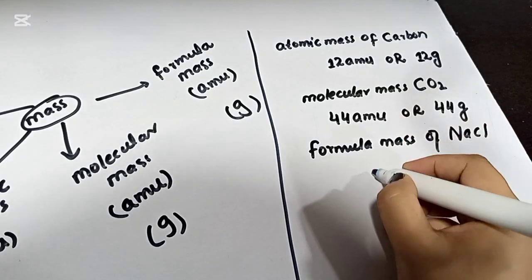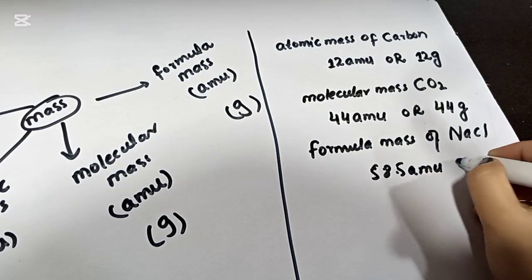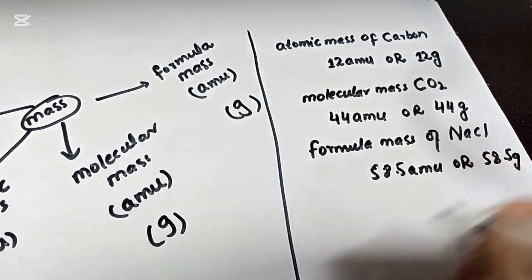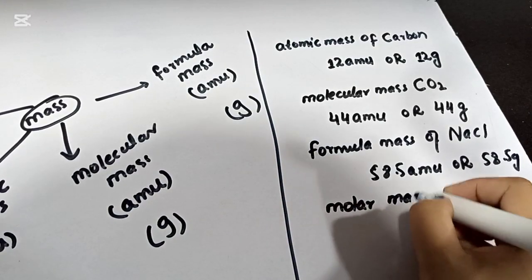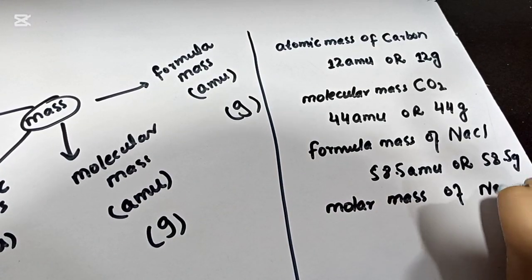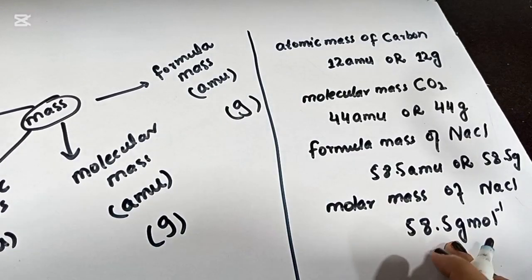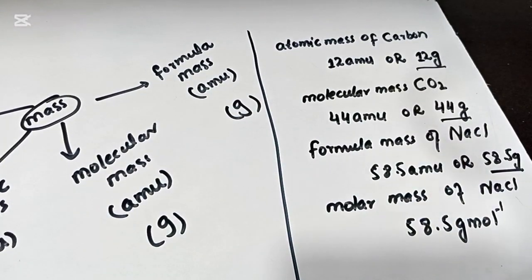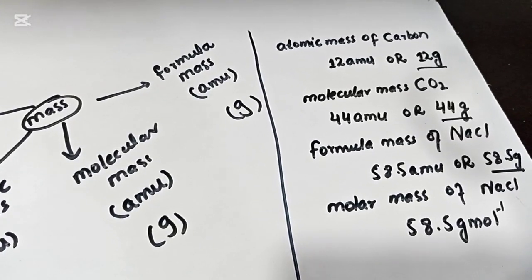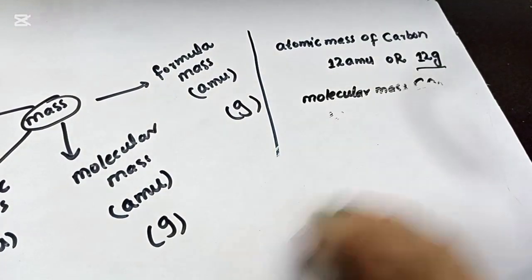The formula mass of sodium chloride is 58.5 AMU or 58.5 gram. The molar mass of NaCl will be 58.5 gram per mole. It is just the difference of unit between formula mass and molar mass.